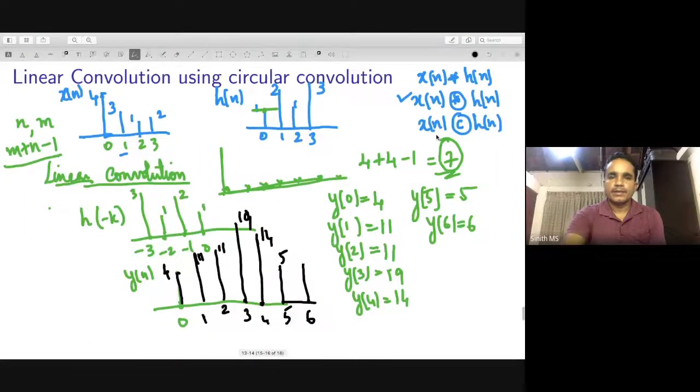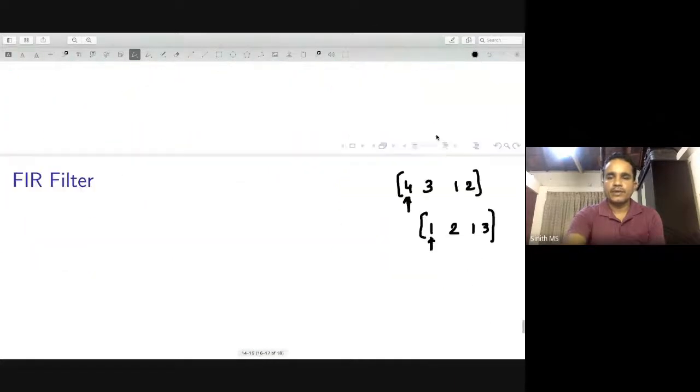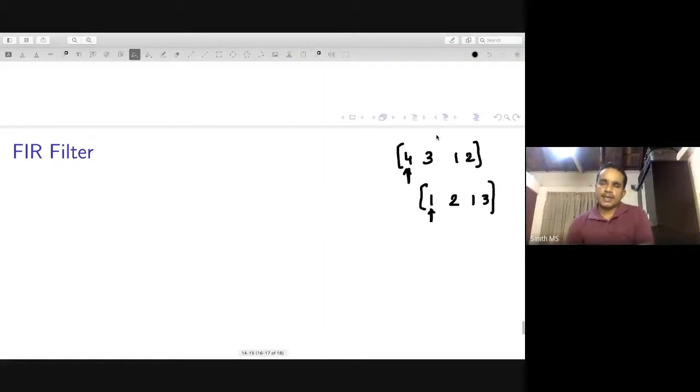So these were the two signals that we convolved. To do linear convolution using circular convolution, your circular convolution should have a support of 7.